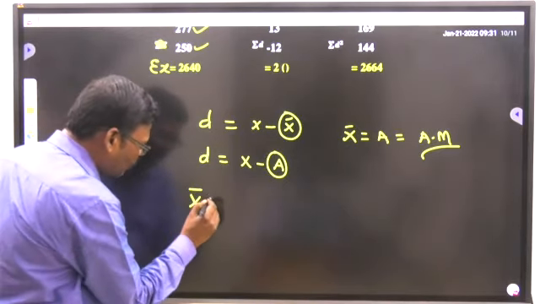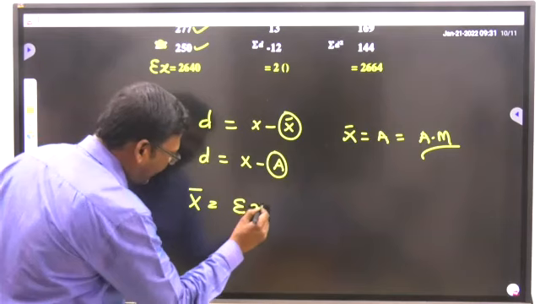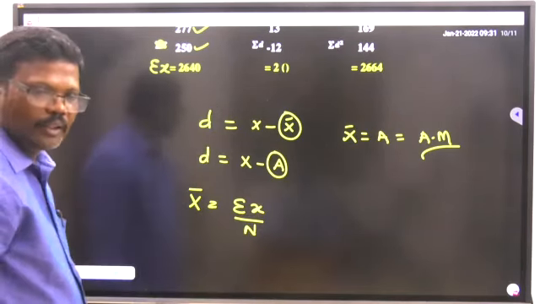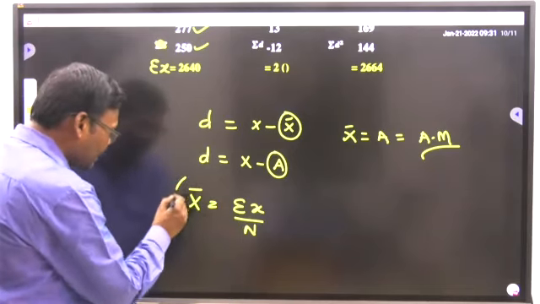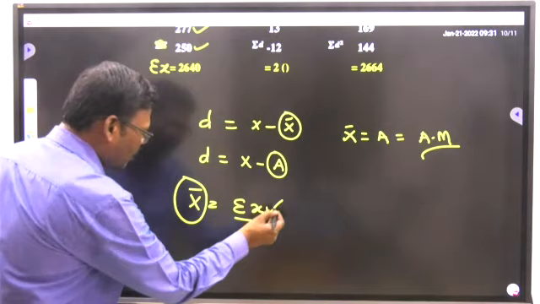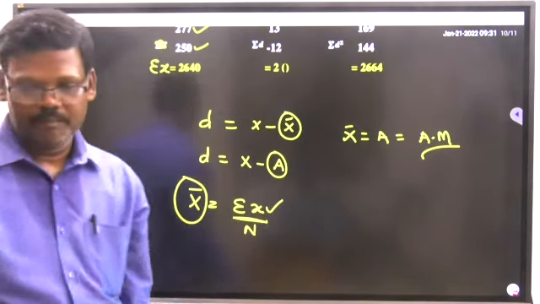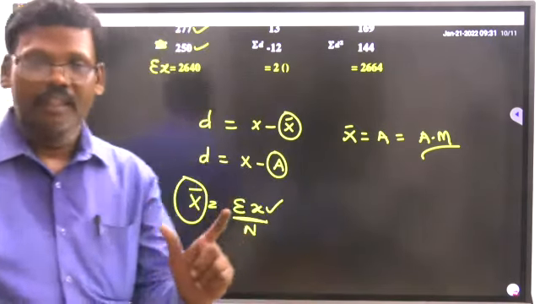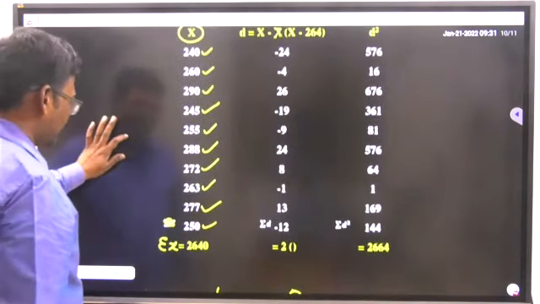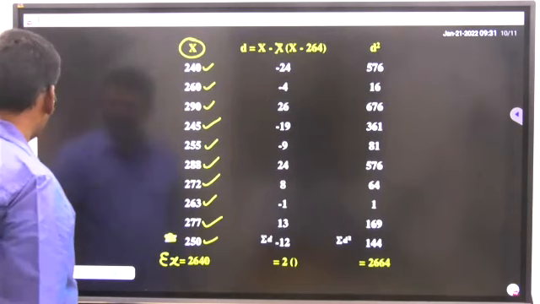What is the formula to find x bar? Sigma x divided by n. So to calculate x bar, we need sigma x. That is why we are taking the sigma x values here.